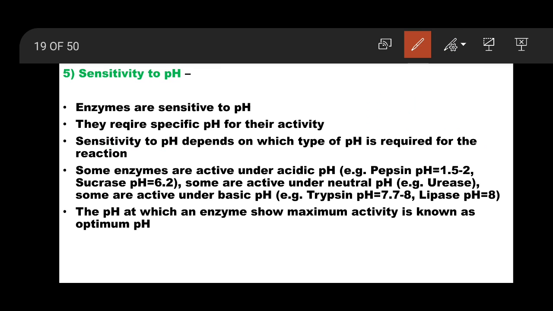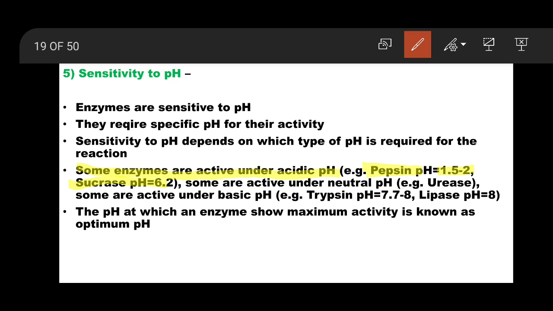Some enzymes are active under acidic pH. For example, pepsin, which is present in our stomach, is active at pH 1.5 to 2, that is highly acidic pH; a highly acidic condition is there in the stomach. So pepsin is important in the digestion of proteins.